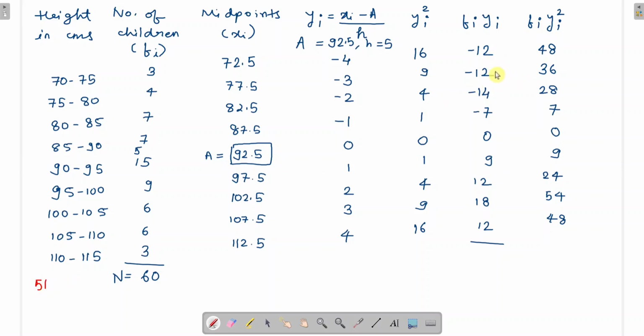Then minus 12 is 39, minus 12 is 27, minus 14 will be 13, minus 7 will be 6. So 6 is the sum of fi yi.